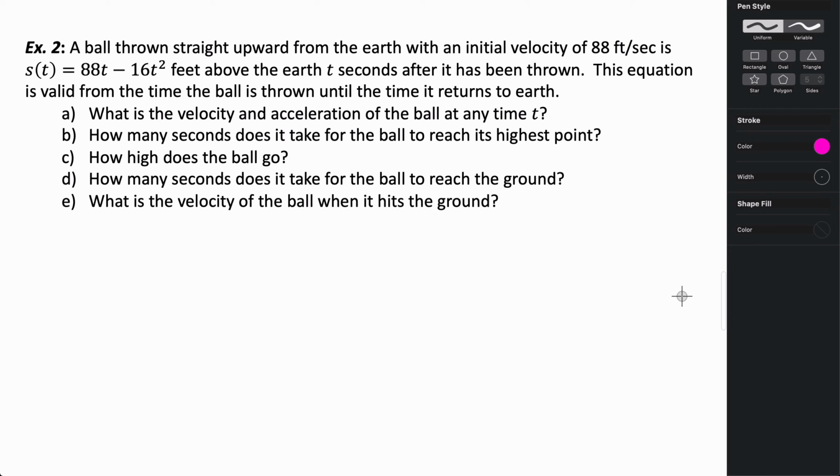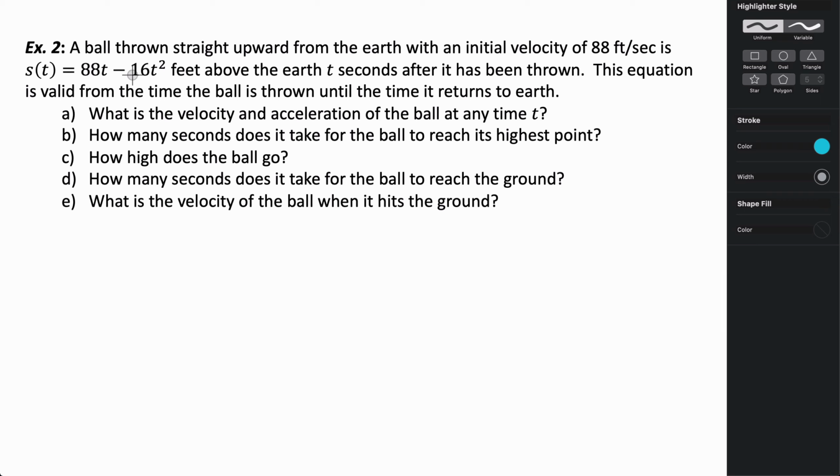Okay. So our second example is, again, looking at position, velocity, and acceleration. It says a ball is thrown straight upward, so now we're moving up and down from Earth, with an initial velocity of 88 feet per second. S of t equals 88t minus 16t squared feet above the Earth, t seconds after it's been thrown.